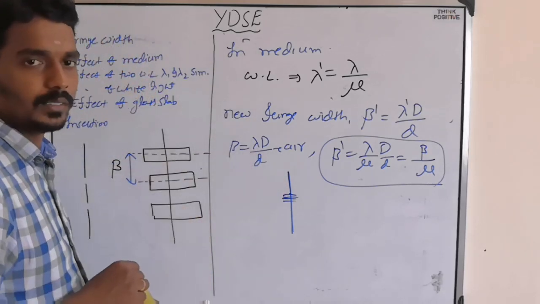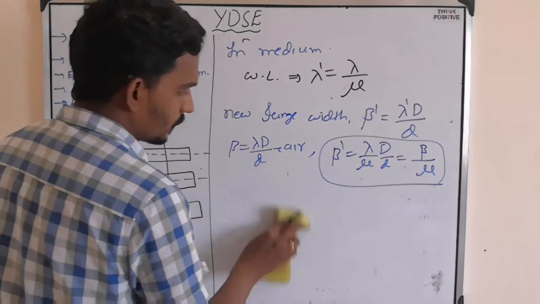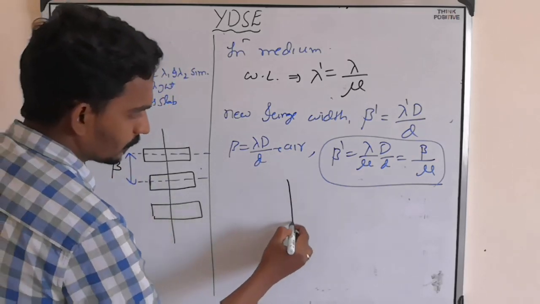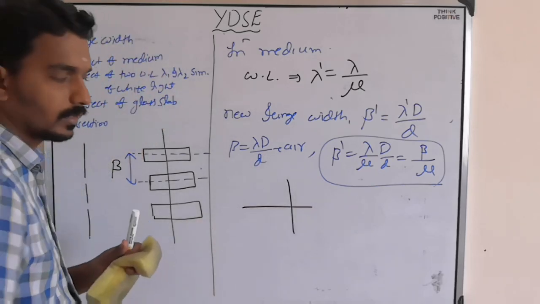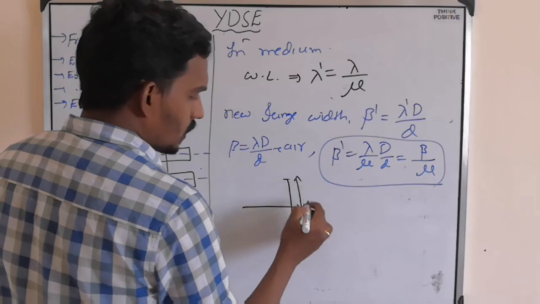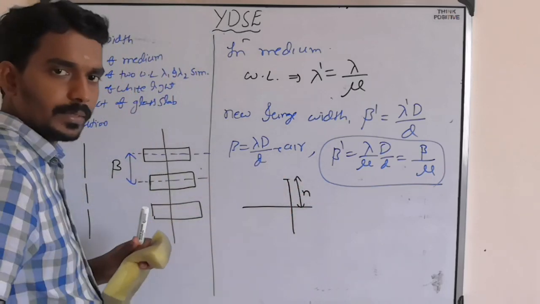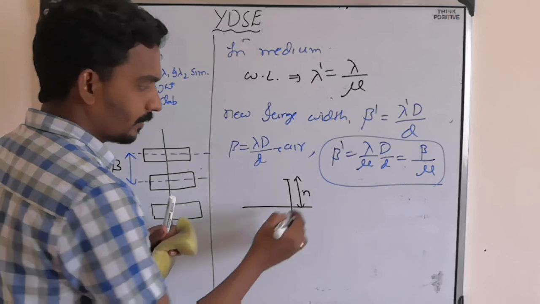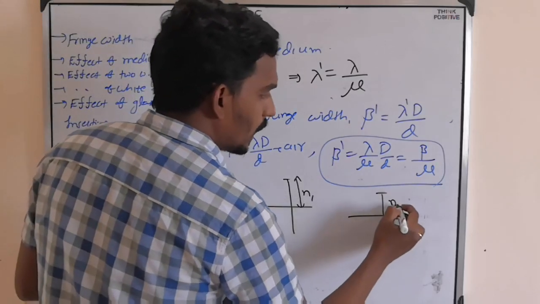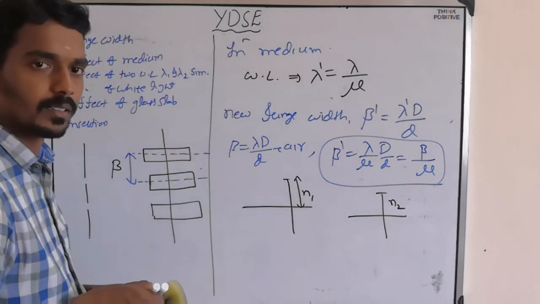Now suppose this is the central one. Now n fringes you observed above the central one in air, n1. Now in the medium you observed n2.